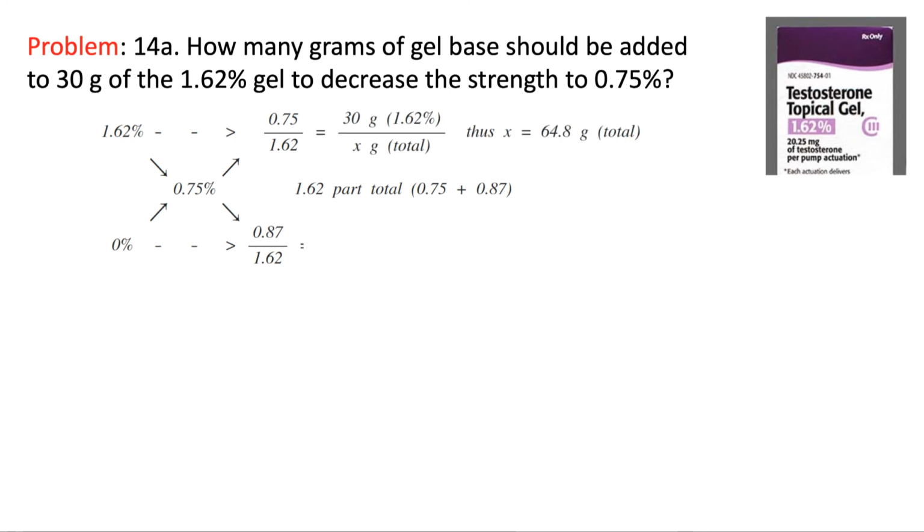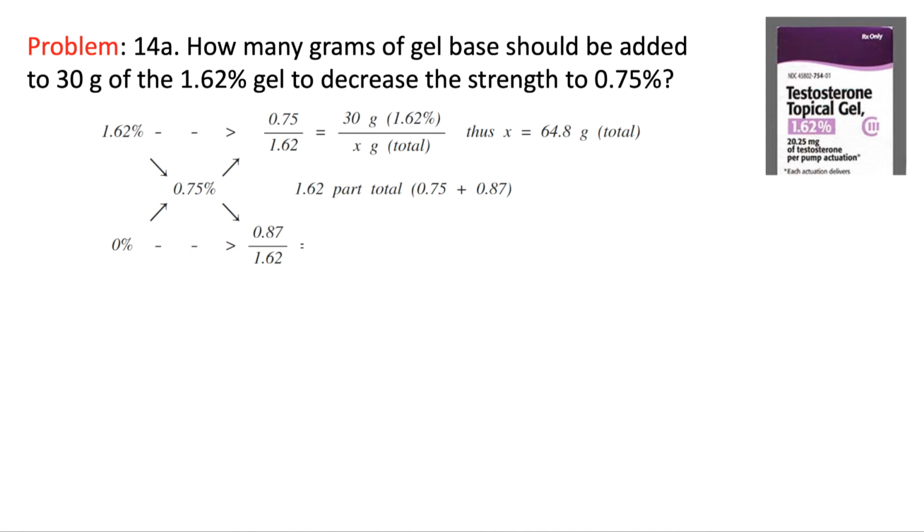So what I can do is set up a proportion and say that my 0.75 over the 1.62 total parts is equal to 30 grams, because that's the amount of the 1.62% topical gel that I'm starting with, over X. And when I solve for X, X would represent the weight for the 1.62 parts, which is the total weight of the new combination. So when I solve for X, I see that I get 64.8 grams total. The 64.8 represents the 1.62 parts, which represents the total weight of the gel when I'm done.